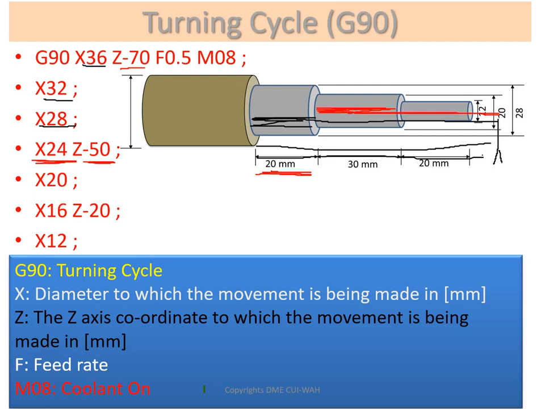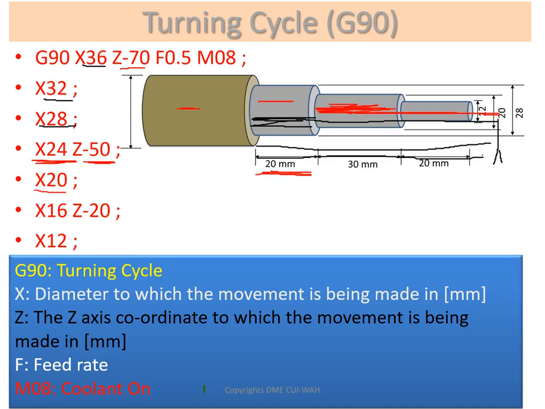Now by removing from diameter 36 mm, now this part is 28 mm. You can see this initial part is 40 mm, this one is 28 mm, and now this one is 24 mm in the first cycle. By repeating the cycle, we will bring it from 24 to 20 mm. The last final part is now 20 mm.